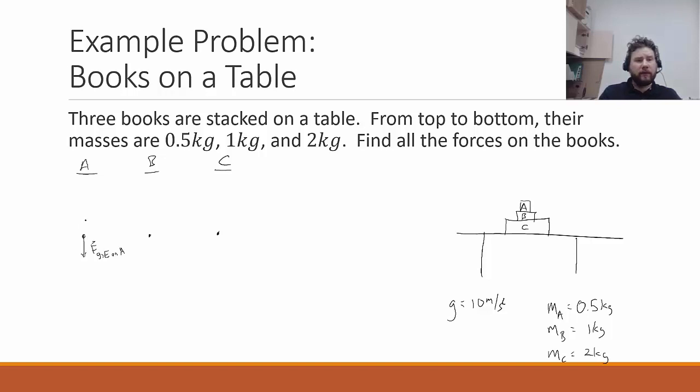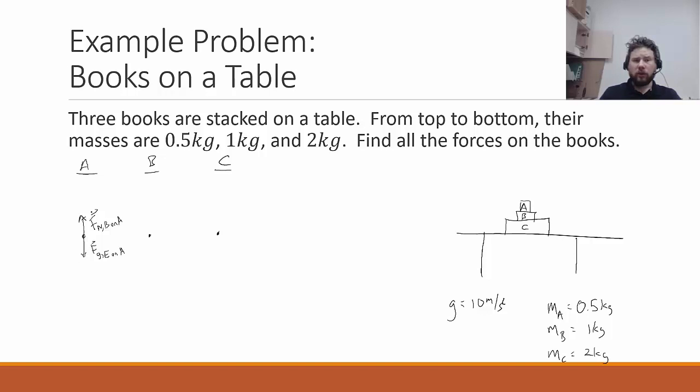And then you're going to have an upward force, because the book B is going to push directly up on book A. So we have a normal force, that sort of contact between the two surfaces, a normal force, and it's by B on A. Now, you don't know how these relate to each other in general unless you know something about their acceleration.